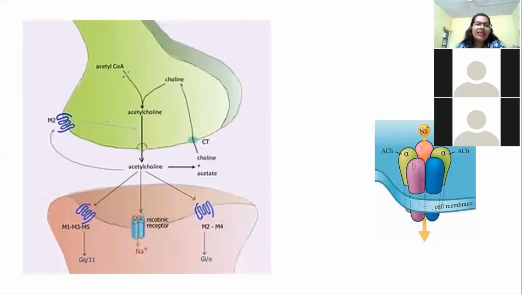You can see that acetylcholine is synthesized from acetyl-CoA and choline. Now, what is the name of the enzyme which synthesizes it? I told you to study and come. So what is the name of the enzyme? Sandhya?